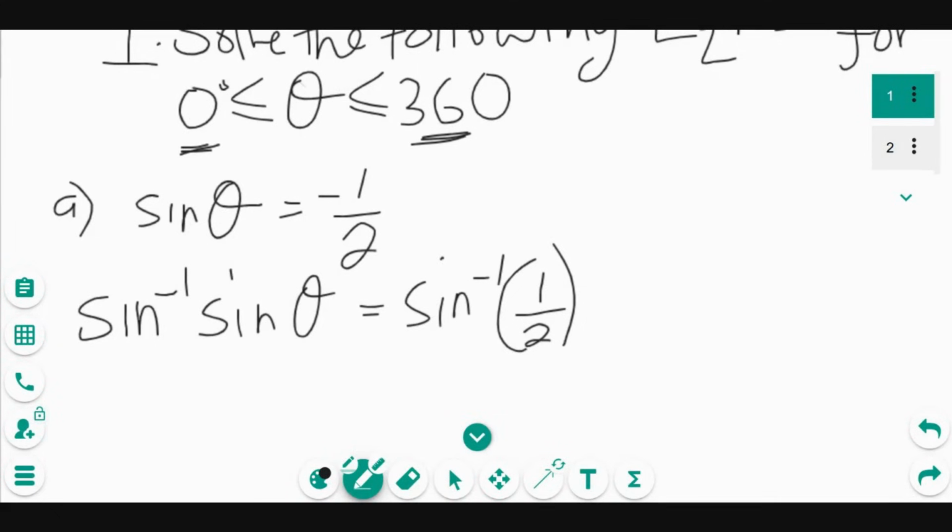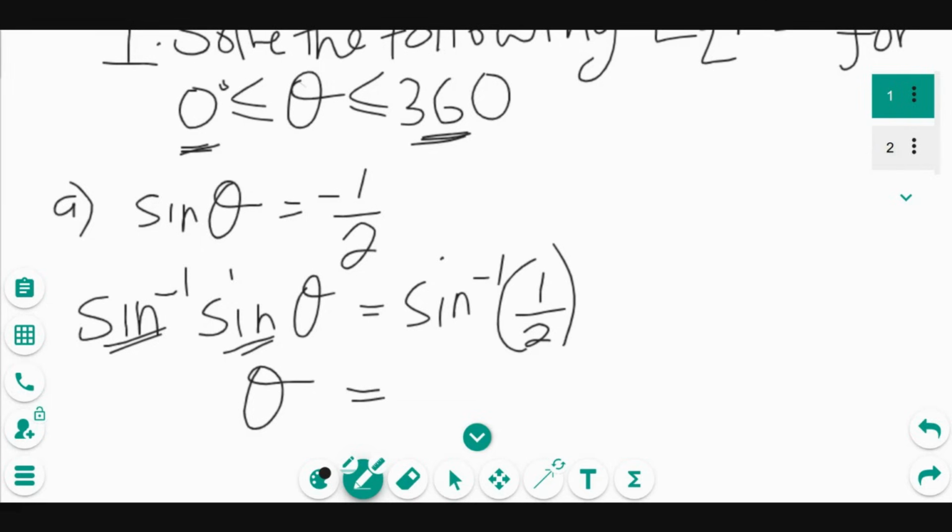Now, when sine and sine inverse meet each other, they always cancel out. They leave the angle. Theta is the sine inverse of a half. You can press that on a calculator and you get the value.